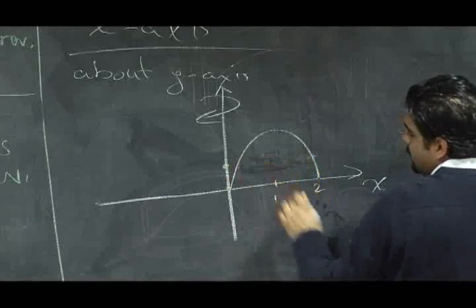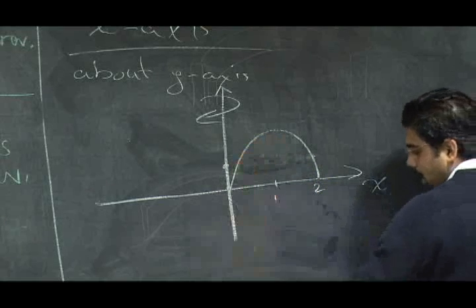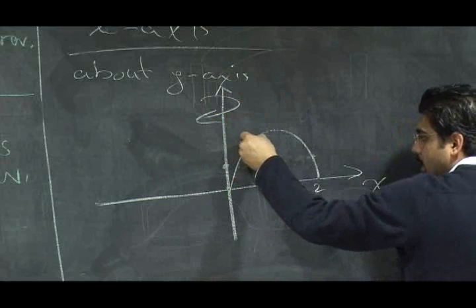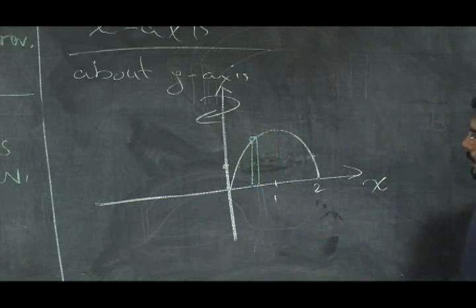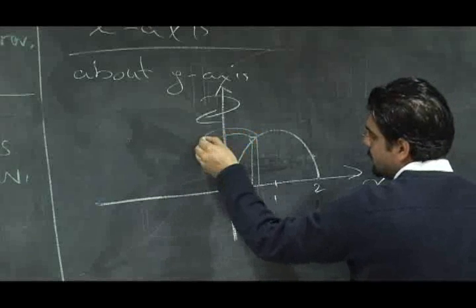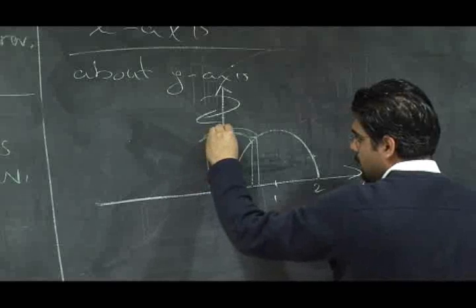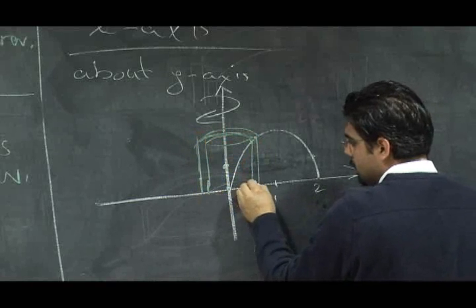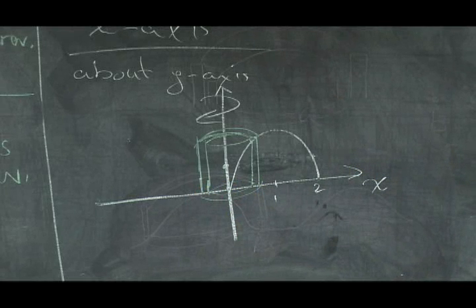So we came up with this other method, where you look at solids where the rectangle is parallel to the axis of revolution. And what we ended up getting was, sorry, cylindrical shells.